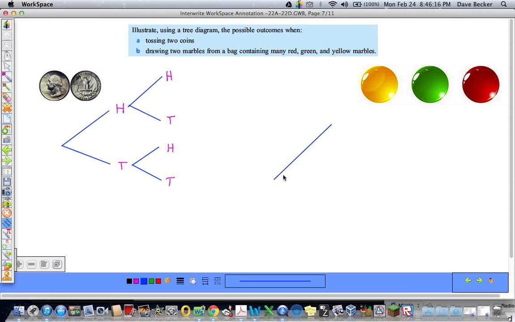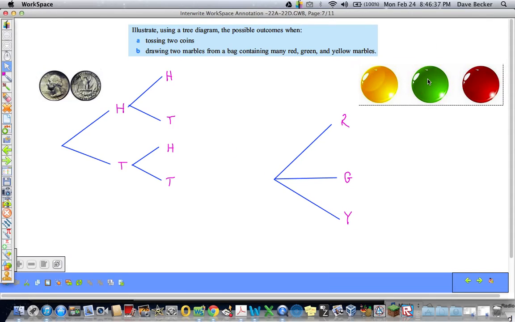So I need three segments for my first tree diagram. Let's do it in their order: I could draw a red marble, a green marble, or a yellow marble. Those are the possible outcomes.